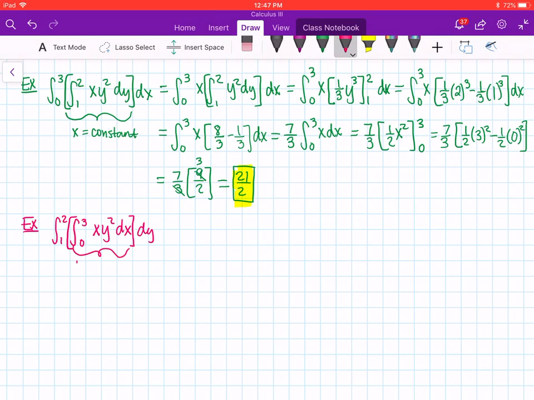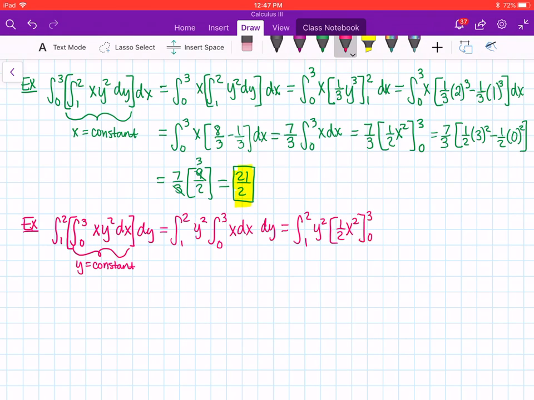So here we have y is constant. Since there's only one term, we can take the y squared out. Then we're left with the integral from 0 to 3 of just x dx, and then we have a dy at the end. We can integrate that. It's 1/2 x squared.